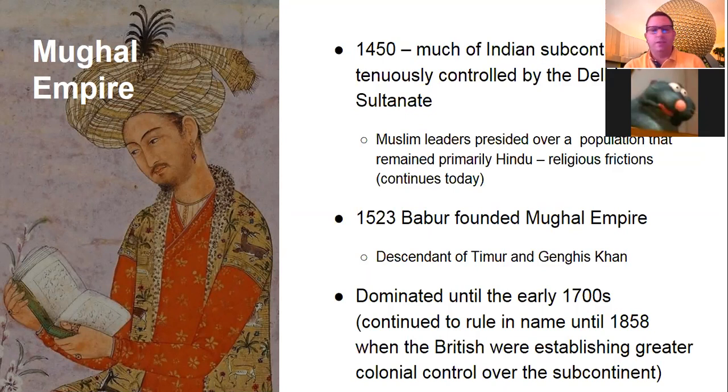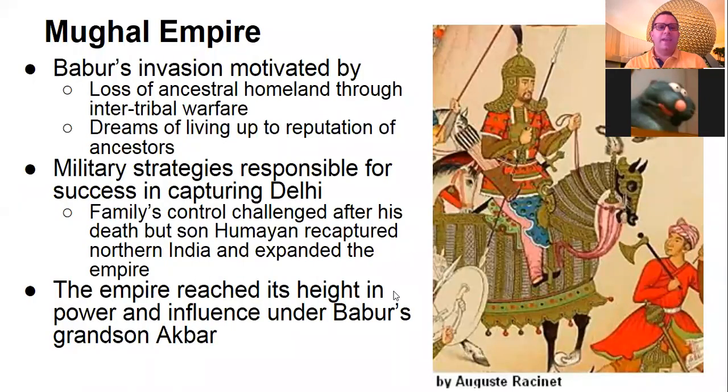Now he probably was, because as we talked about last week, we know that Khan had many, many children and many, many relationships to the point where it's entirely possible that this guy could trace his lineage back to Genghis Khan.